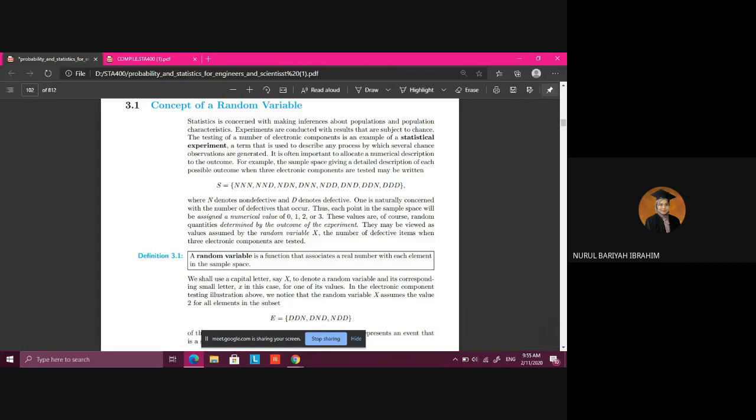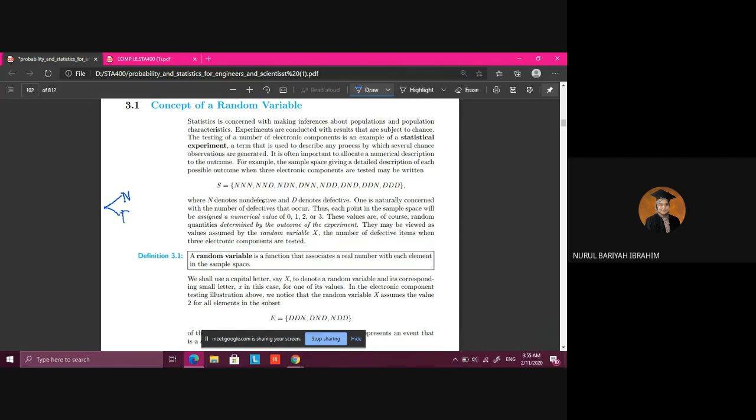So at the first experiment, the electronic component can be defective. Here we use N for non-defective, D for defective.